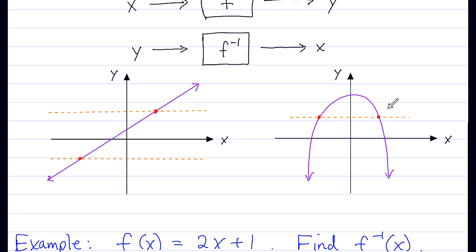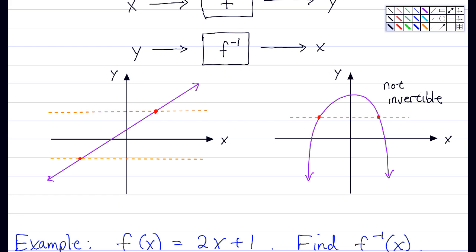So two crossings of the horizontal line for this function, only one crossing of a horizontal line for this function. So we would say that this function here is not invertible. So the parabola function is not invertible. However, basically any straight line function is invertible.